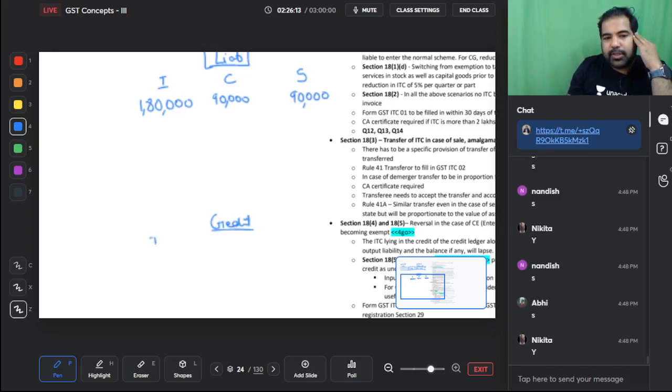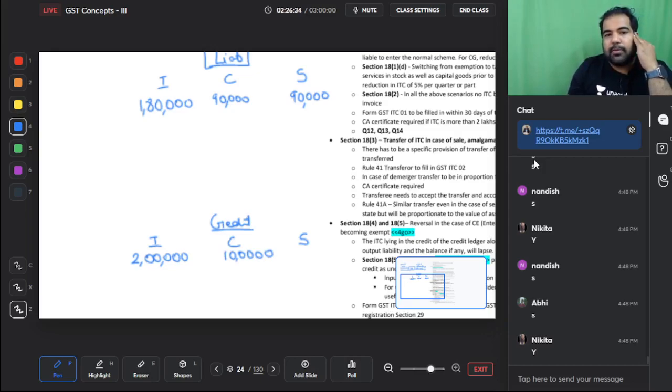Let's say you purchase something in IGST and there is 2 lakh, and in CGST and SGST there is an opening balance of 1 lakh.